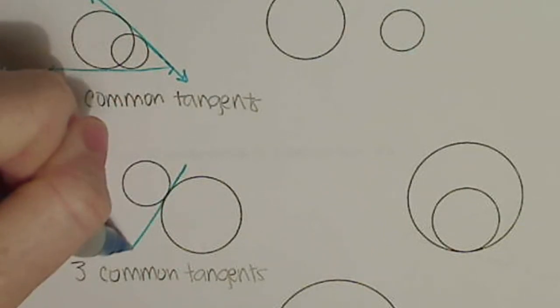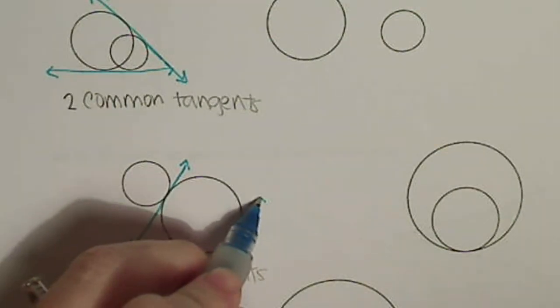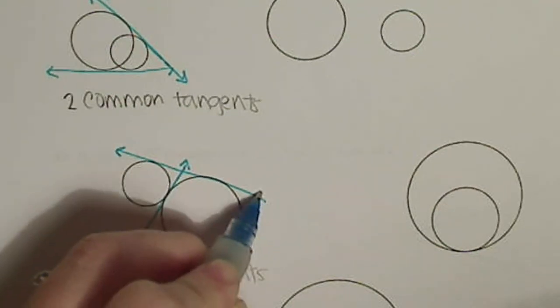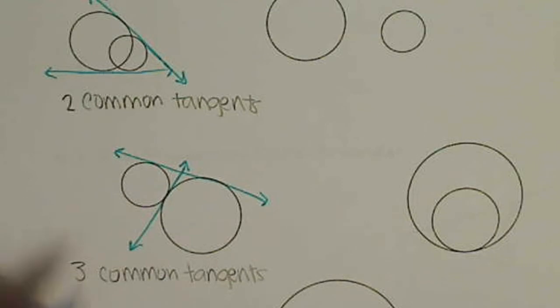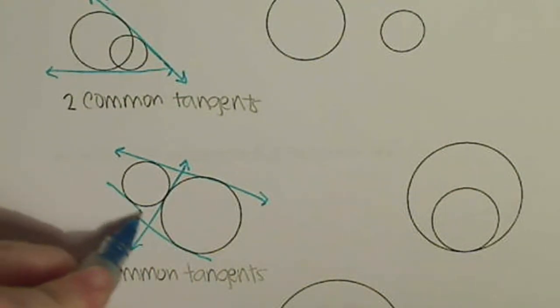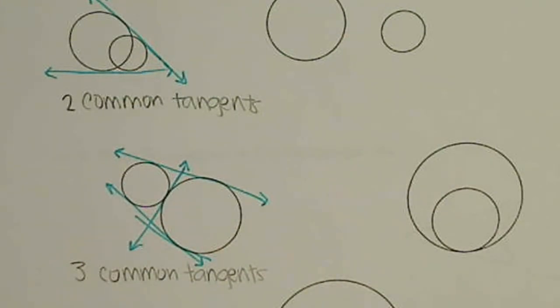There is a line that can be drawn between there. And then I can have a line up top. There's a tangent line. And I can have a line on the bottom. There's another tangent line. Okay?